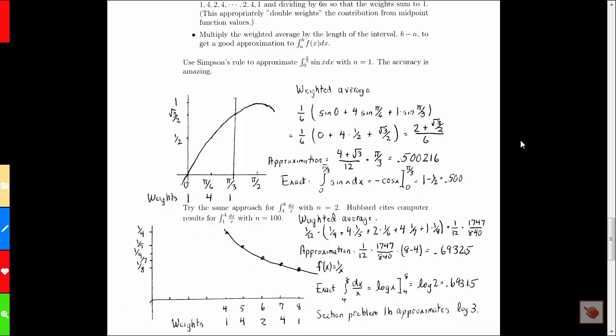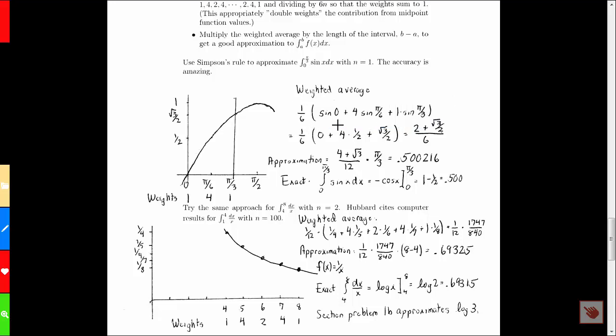I'll integrate it from 0 to pi over 3 using Simpson's rule with n equals 1, which means 3 evaluation points. What's my weighted average? 1 over the sum of the weights times 1 times sine of 0 plus 4 times sine of pi over 6, that's the midpoint, plus 1 times the sine of pi over 3. Pi over 3 is the right endpoint.